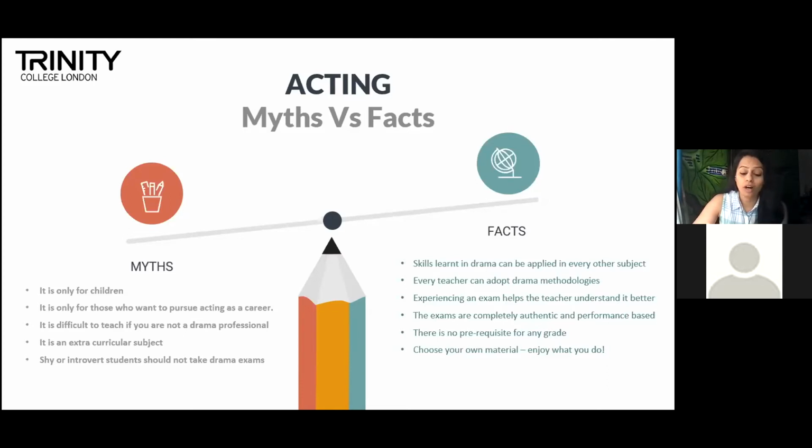And if you are looking at upgrading yourself as an actor, then this particular syllabus would open doors to get yourself assessed for what you already know, if you want a certification for it, and also learn more, because it does not require any prerequisite grade or qualification.